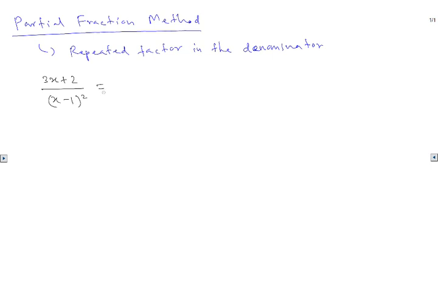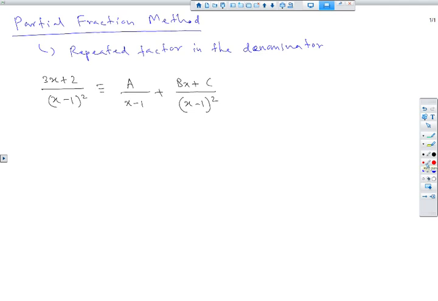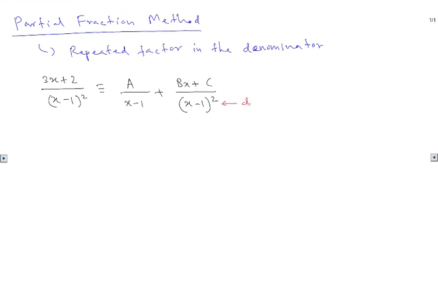Normally the standard theory says that we need to write a over (x - 1) plus (bx + c) over (x - 1) squared. The regular theory says you need to write the numerator with degree 1 less than the degree of the denominator. So if this one has degree 2, this one needs to have degree 1.